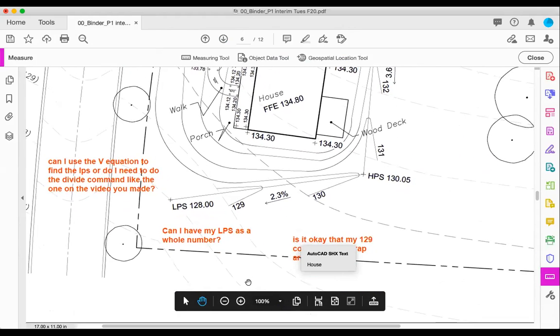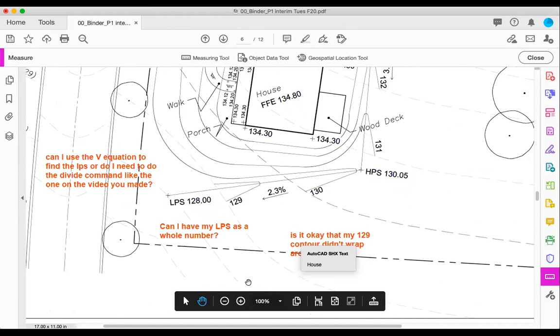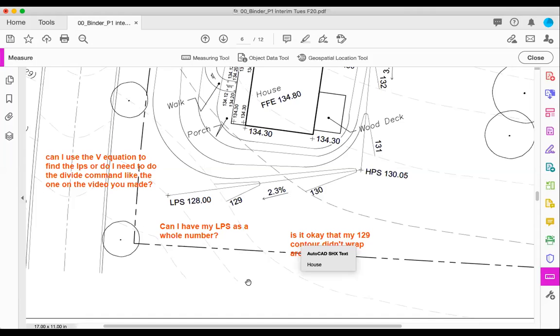Okay, so we have explained, I believe, probably in exercise 5, why we do not recommend using a whole number for your LPS. It's mainly because the LPS is where you don't have any grading beyond that point. And that is to assume that contour, for instance, the 128 contour, does not need to move. But oftentimes, you would find out that's probably not the case.